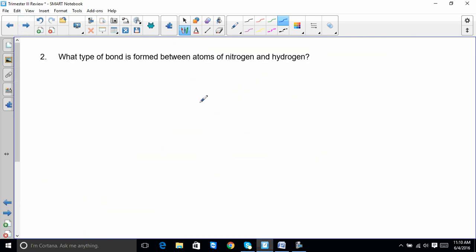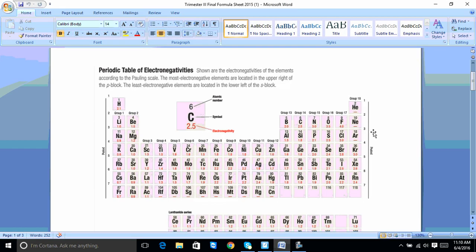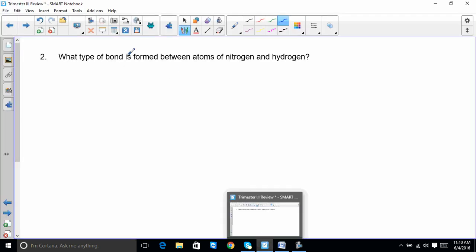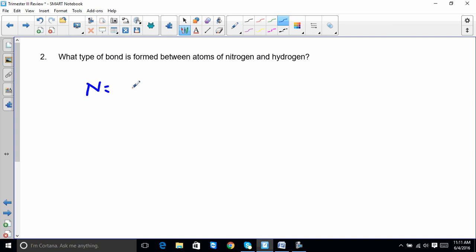What type of bond is formed between nitrogen and hydrogen? If I look on the sheet, you'll see that the electronegativity of nitrogen is 3.0 and hydrogen is 2.1.